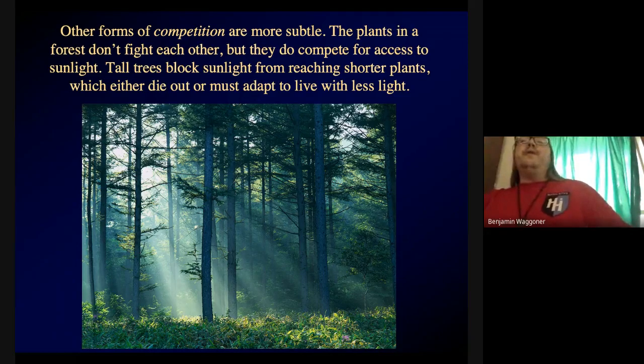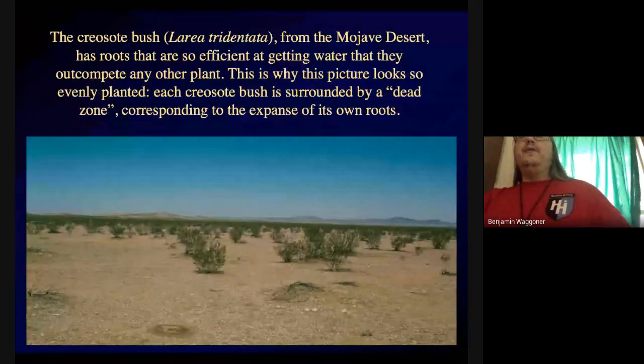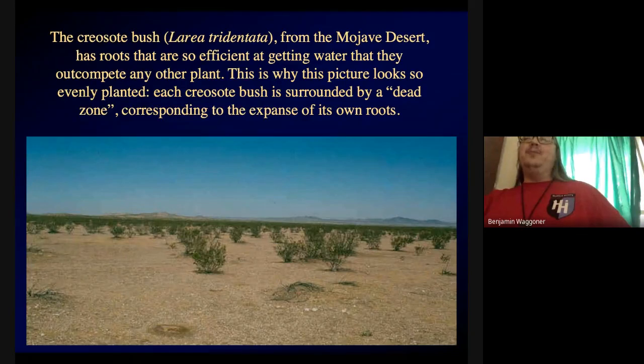This is a view from the Mojave Desert, from probably Death Valley, and you're looking at little bushes called creosote bush, Larrea tridentata, which smell kind of like creosote or turpentine. And when you walk around, they're very evenly spaced, almost like they've been deliberately planted by a gardener, but they haven't been.